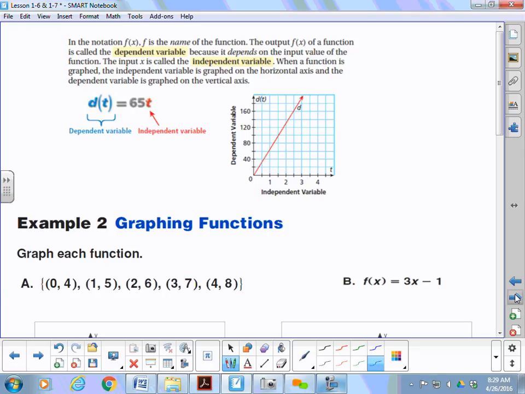So how much distance would you travel when going 65 miles an hour for a certain amount of time? Lots of times if they give you a word problem and they want you to write a function for it, you need to use appropriate lettering. Sometimes it's the cost of x items, something like my 5 bags of M&Ms.